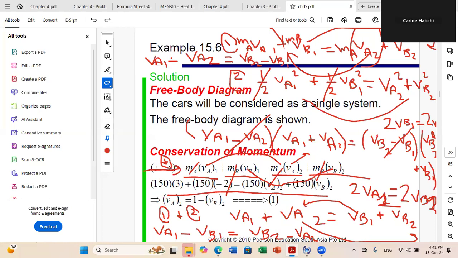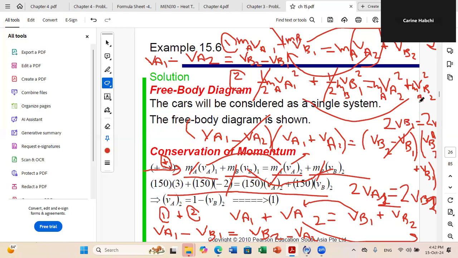And for the kinetic energy, you can simplify the half, so you will have MA VA1 square plus MB VB1 square equals MA VA2 square plus MB VB2 square.